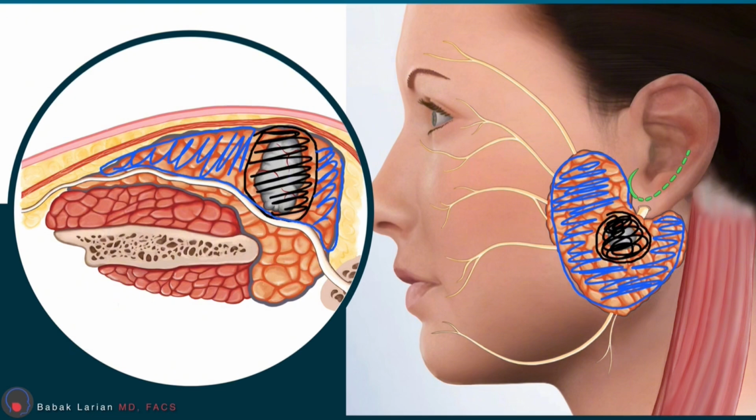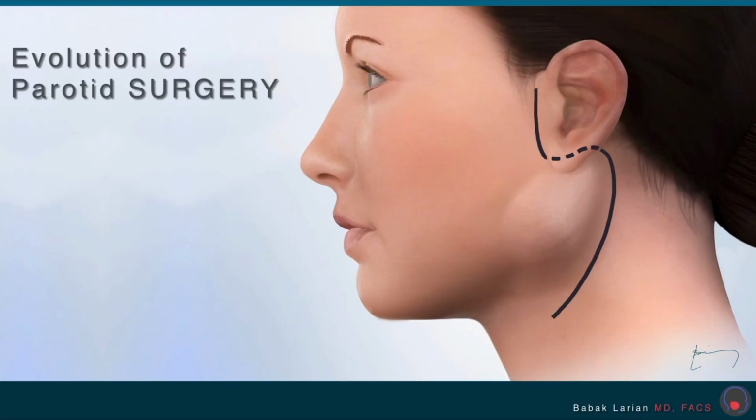So then, over time, I started changing my incision from this modified Blair, which was too much, to a modified facelift incision. The modified facelift incision is fantastic because it's well hidden in the grooves around the ear and then goes behind the ear and into the hairline, right? Now, it wouldn't work for me because I don't have a hairline, but for everybody else, it does really work well.